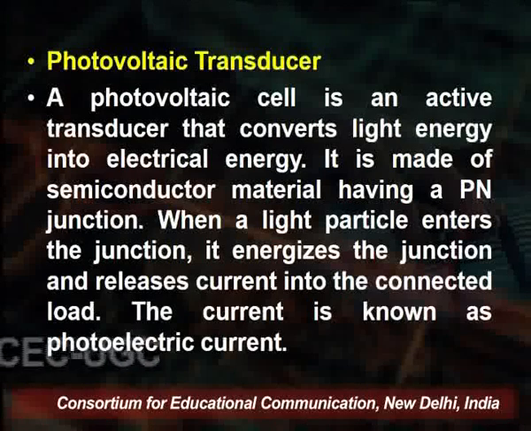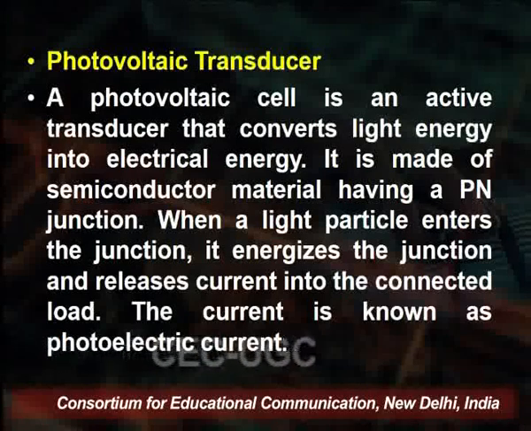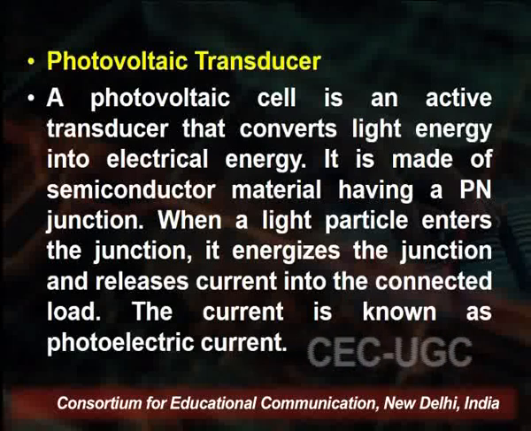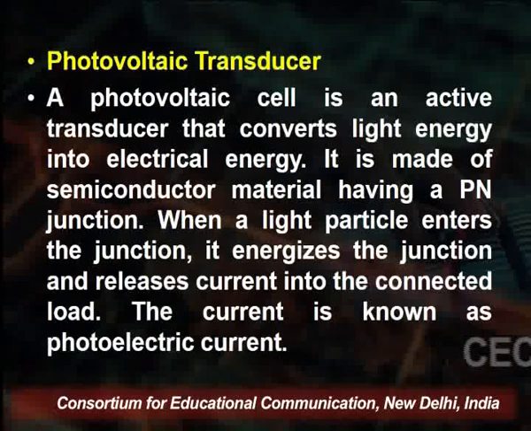So, here we see that light energy is converted into the form of electrical energy. You see that the photovoltaic cell is an active transducer made of semiconductor, and it converts light energy into electrical energy. It is also known as a solar cell when we use solar light.